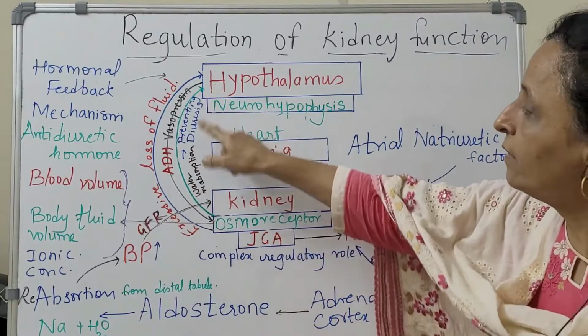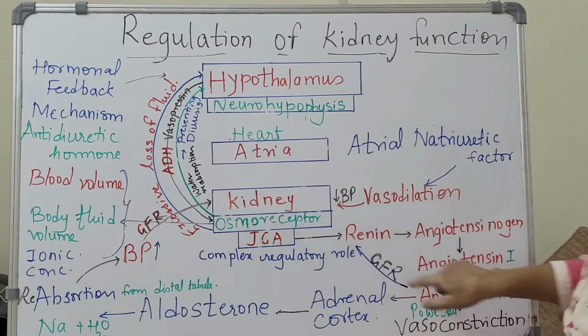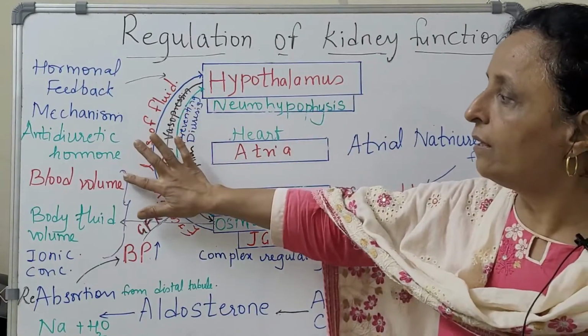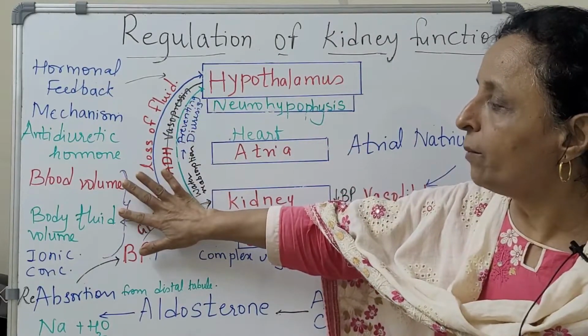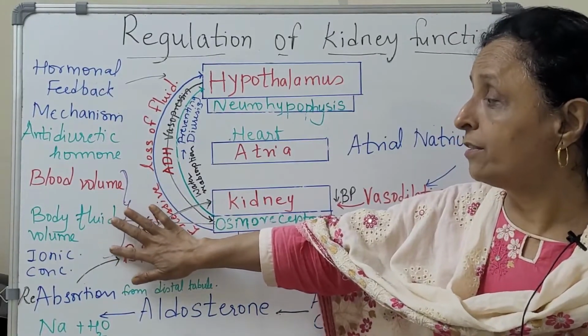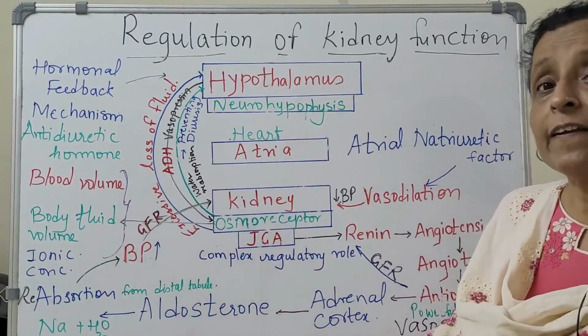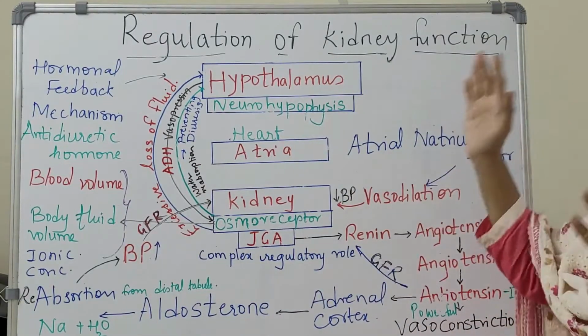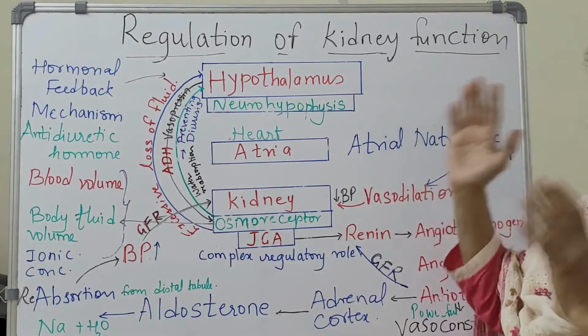So this is one cycle, this is another cycle, and this is the third cycle. By these cycles, the blood volume is maintained, blood fluid is maintained, ionic concentration is maintained in the body. So this is how the regulation of the functioning of the kidney takes place.